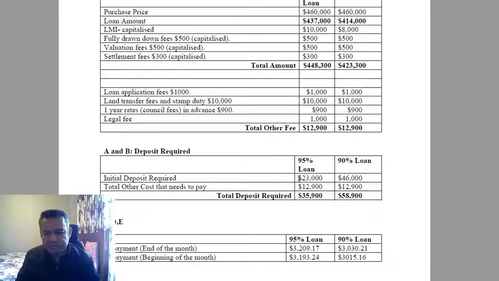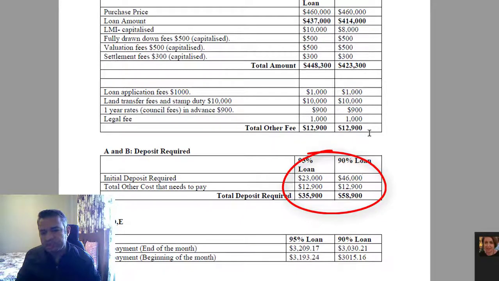Now, this has been taken from this amount. If you calculate, 5% of $460,000 is $23,000, and 10% of $460,000 is $46,000. And the total other cost we need to pay, which we get from here, is $12,900 at 95% loan amount, and at the same time $12,900 also for the 90% loan amount.